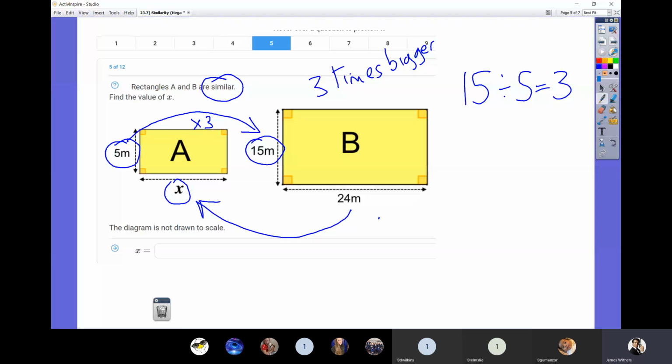We're just going to do 24, and rather than multiply it by 3, which would make it bigger, we're going to divide it by 3. 24 divided by 3 is 8. So X is 8 meters long. That's all you have to do. We're saying that all the lengths in B are 3 times bigger, all the lengths in A are 3 times smaller. So that was an example of question 5.